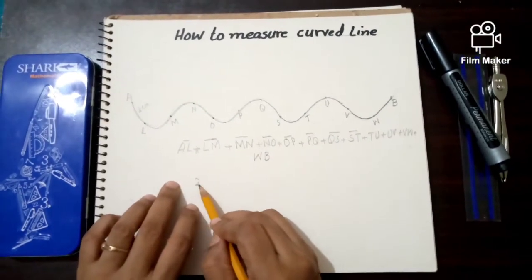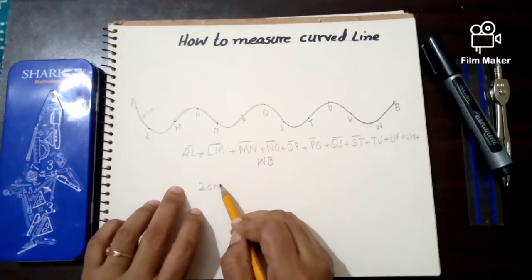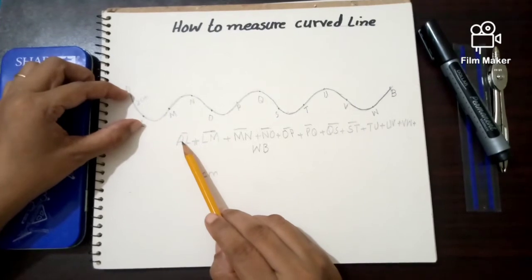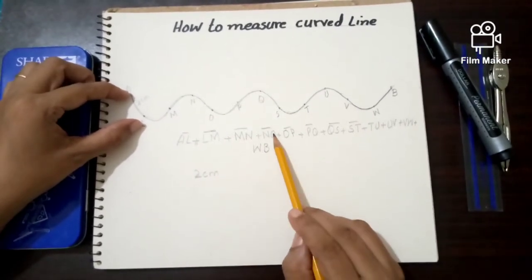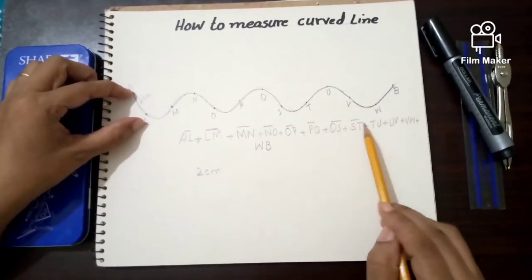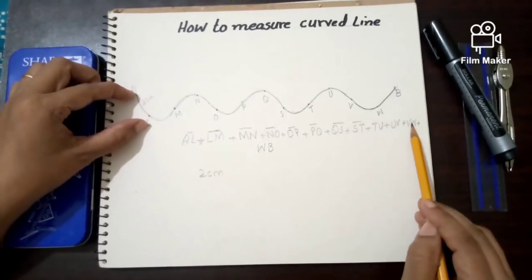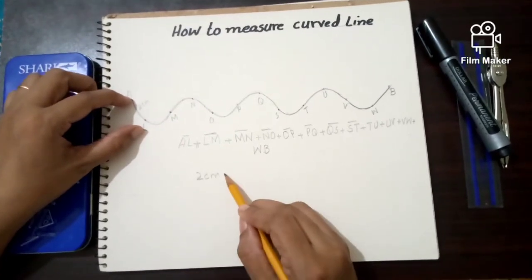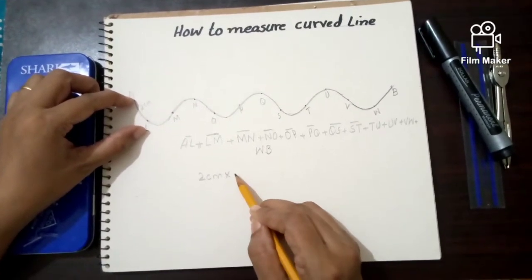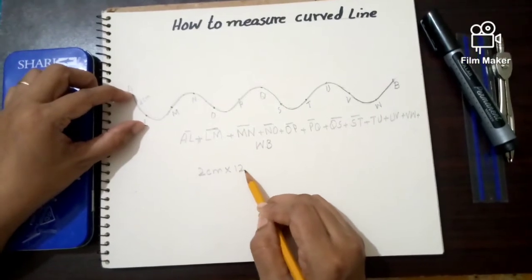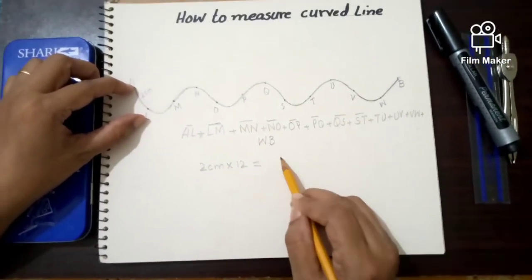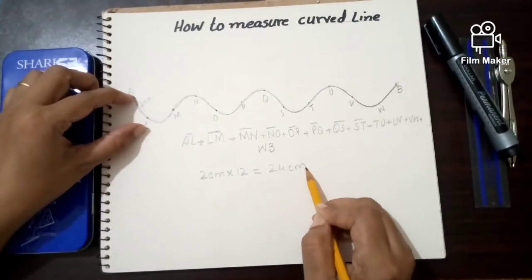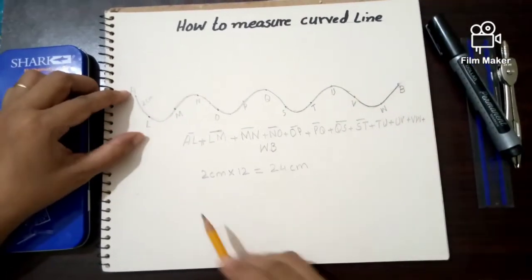Now we will add. Each line is of 2 centimeters. And how many segments do we have? 1, 2, 3, 4, 5, 6, 7, 8, 9, 10, 11, 12 segments. Each segment is of 2 centimeters, and the 12 segments are 12 multiplied by 2. 12 2s are 24 centimeters.